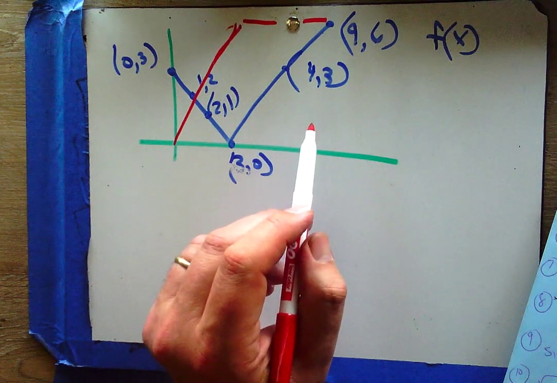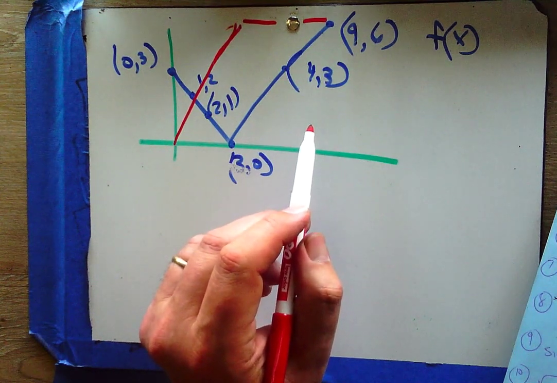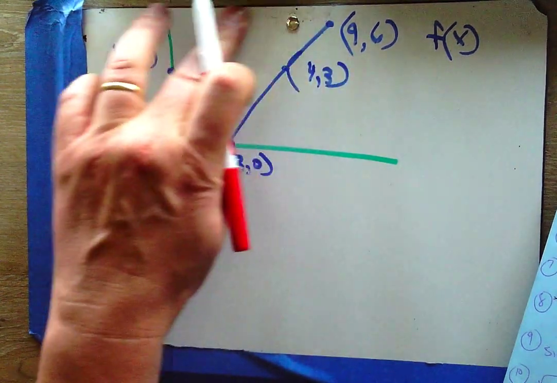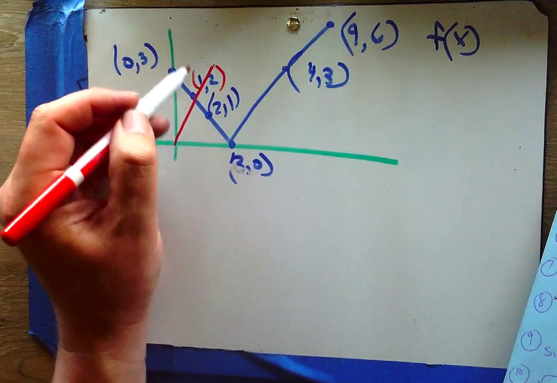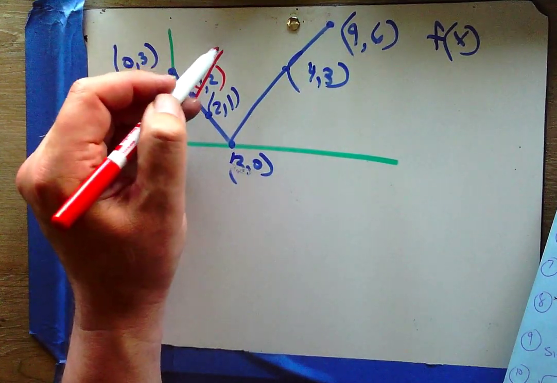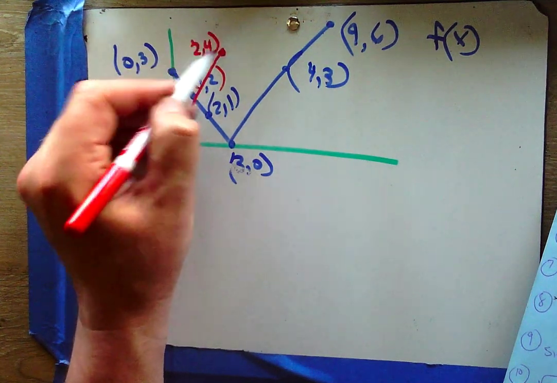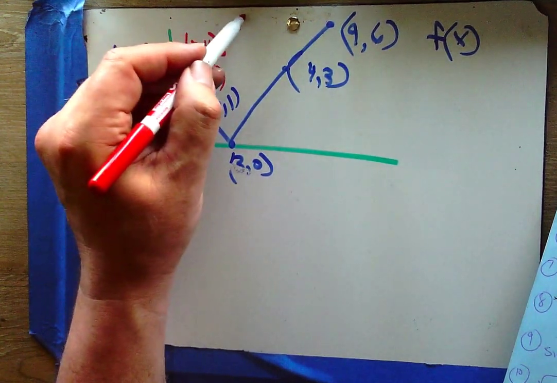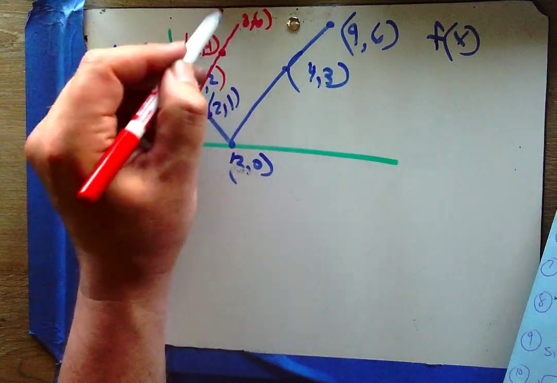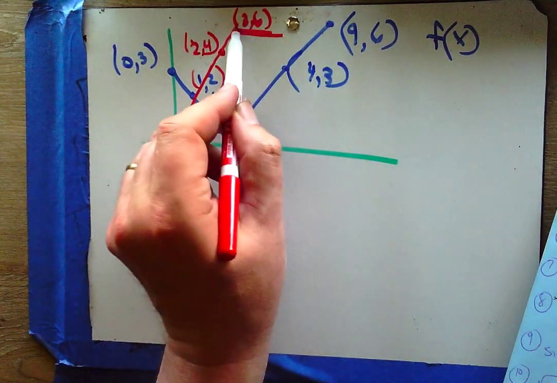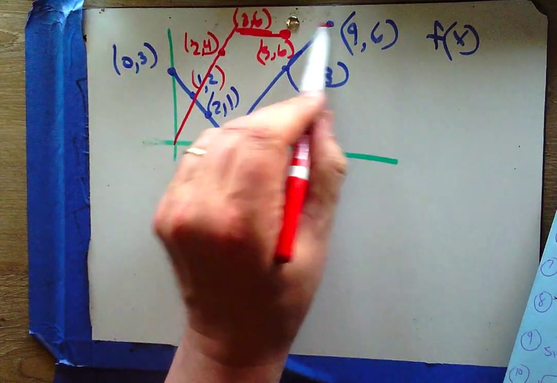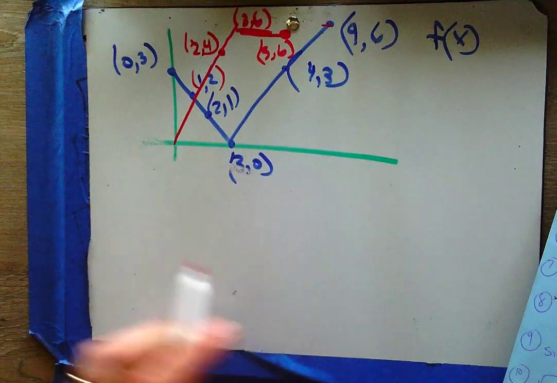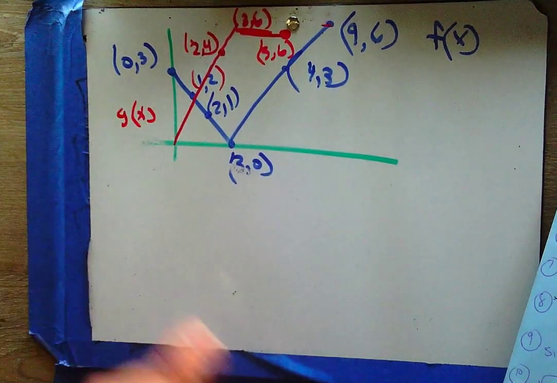Oh, well, that's weird. The point isn't labeled that way, so I'm going to change that a little bit. But this is still (1, 2). And then we get to this place here, (2, 4). And we get to this place here, (3, 6). And then we come across, and we stop at (5, 6). So it doesn't go all the way across to that. Okay, and that's a graph of g of x.